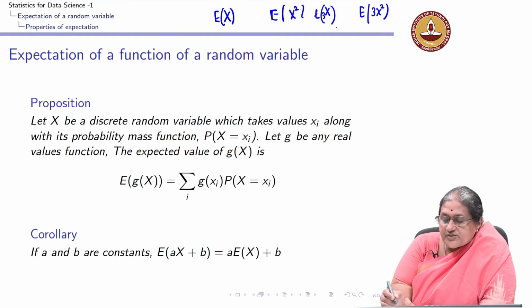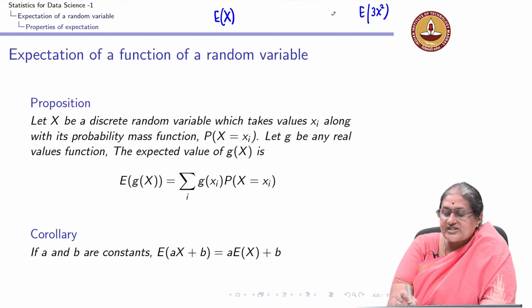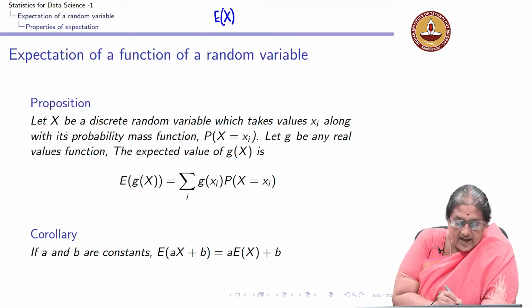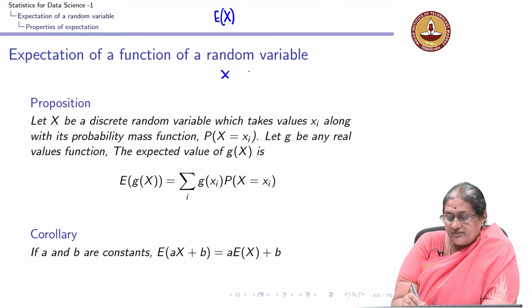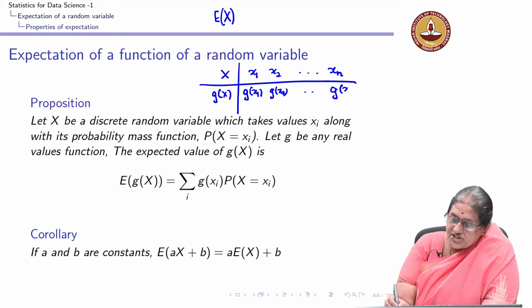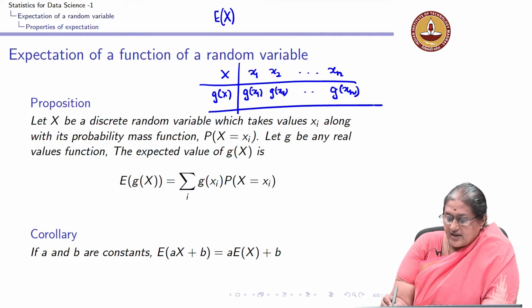In other words, we are interested in knowing about the expectation of a function of x. So, if I have x, which is a random variable that, for now, I am assuming takes a finite number of values, then g of x is going to take the values g of x1, g of x2, up to g of xn. The probabilities would remain the same.